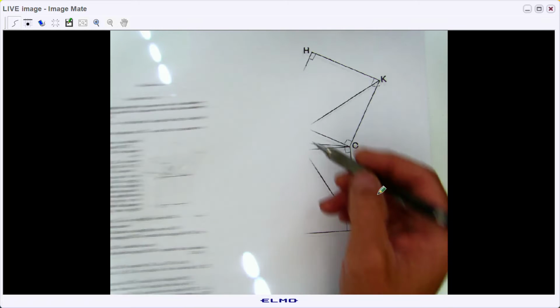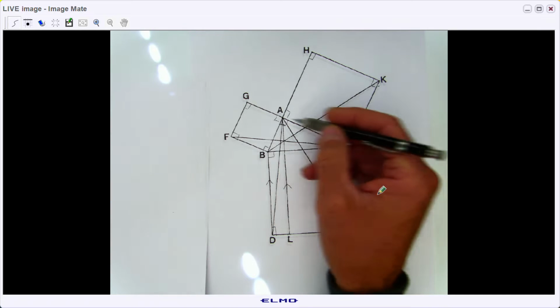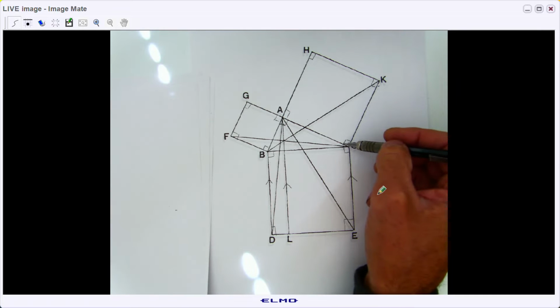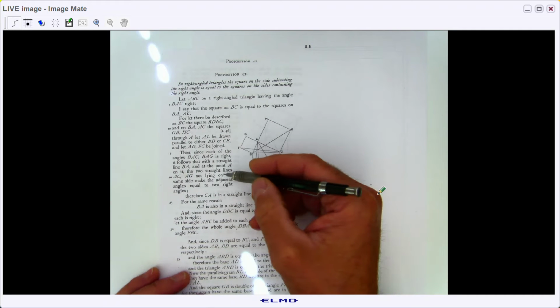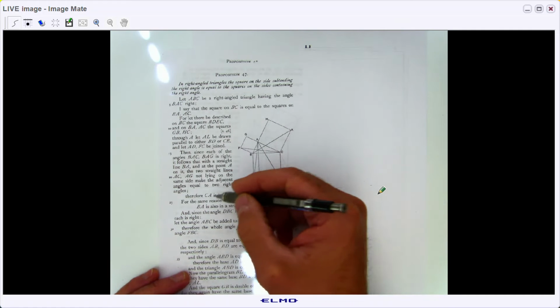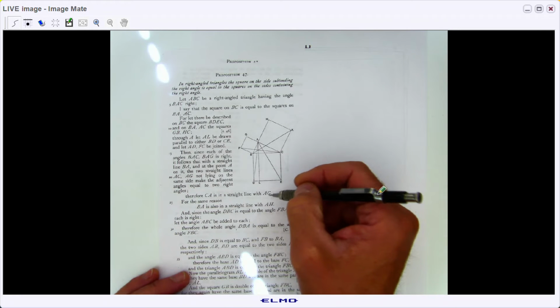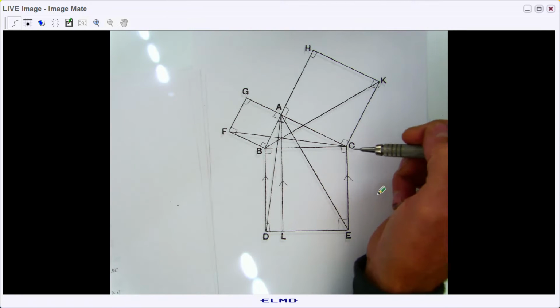Therefore, CA is in a straight line with AG.